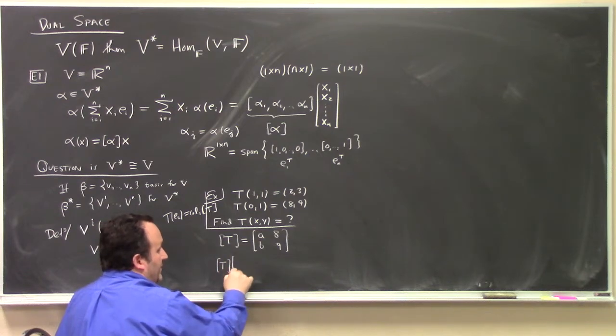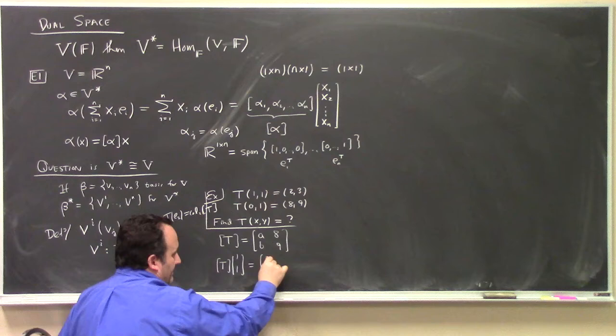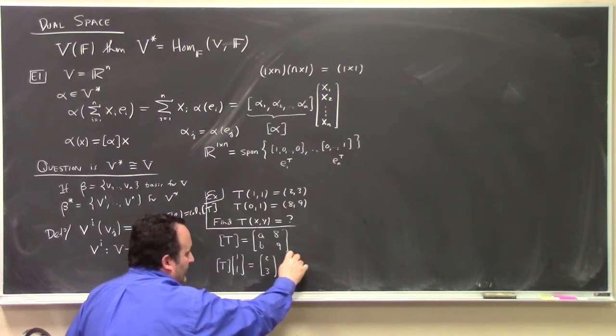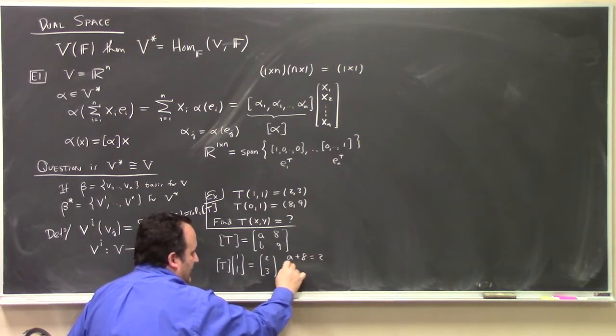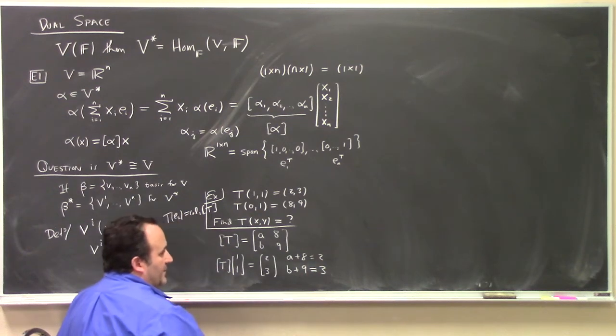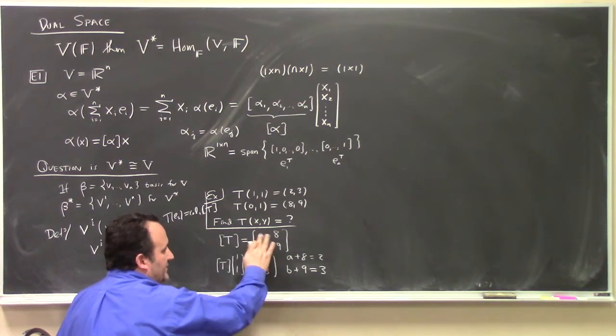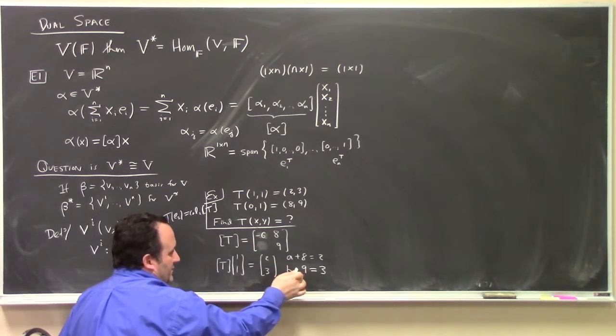I know that T on (1,1) equals (2,3). So A plus 8 equals 2, and B plus 9 equals 3. So A is minus 6 and B is minus 6.